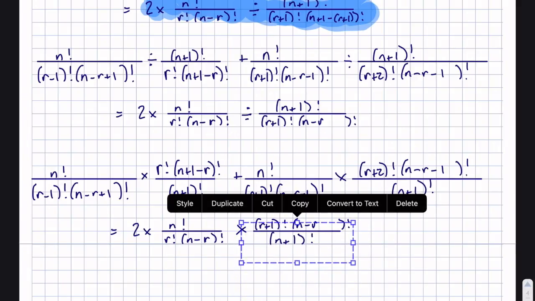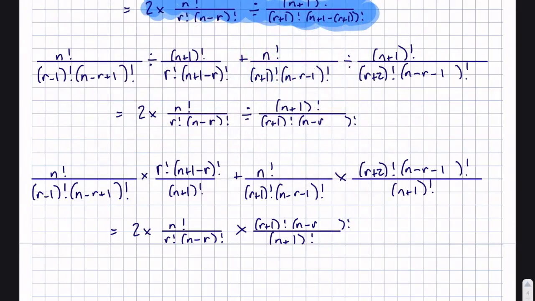Okay, now let's see what I can cancel out. (n minus r plus 1) factorial on both sides. Nice. I love it when stuff cancels out. That one disappears, (n minus r) factorial disappears.